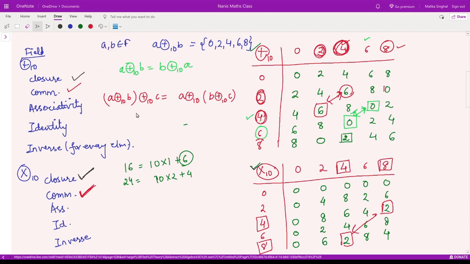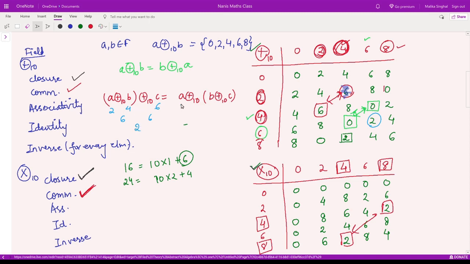Let me take 2, 4 and 6. 2 addition modulo 10 4 would be 6. Let me write 6 over here, and then 6 addition modulo 10 6. What would this give me? This gives me 2, right? So the answer from the left hand side is 2.